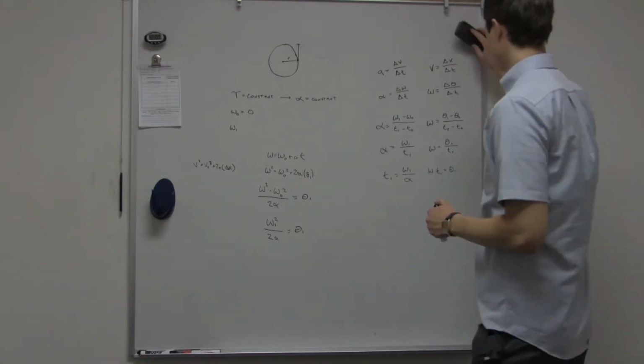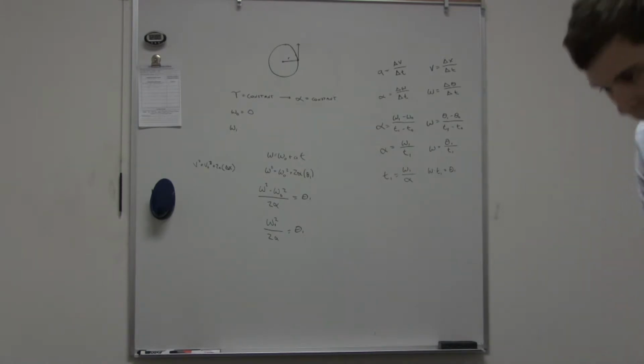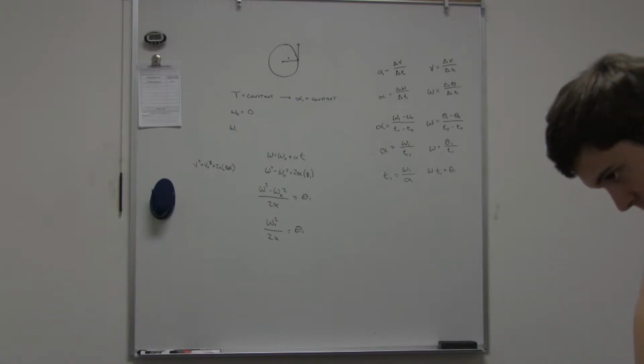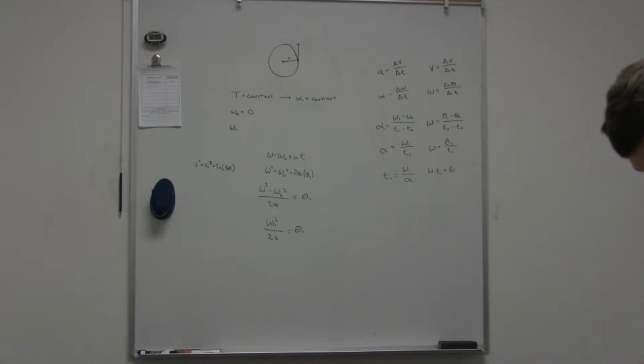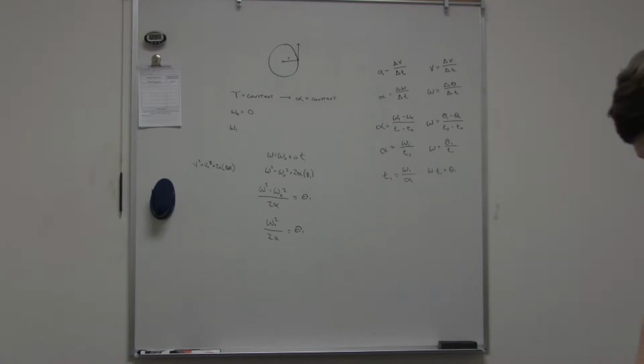Is there a part C? Yes. Assume that the motor has accelerated the wheel up to an angular velocity of omega 1 with angular acceleration alpha in time t1. At this point, the motor is turned off and a brake is applied that decelerates the wheel with a constant angular acceleration of minus 5 alpha.